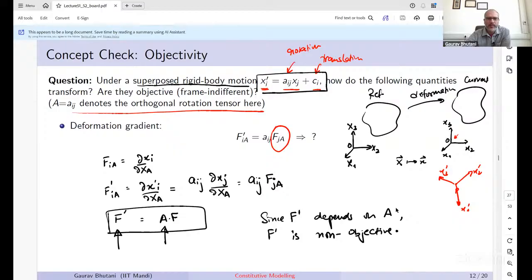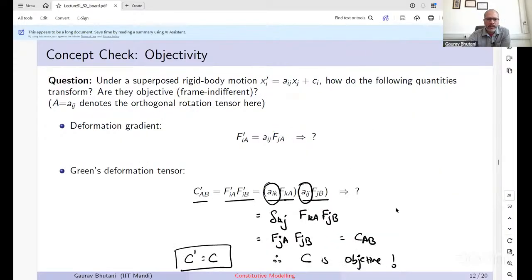So that basically means that your stress may depend on the rotation of the observer. And we are talking about the rotation of the observer. We're not talking about the rotation of the coordinate system in which these quantities are expressed. So they should not change as a result of the rotation of the observer who is making the measurement. So that is the reason we use C, the Green deformation tensor, when discussing constitutive models for finite deformations.